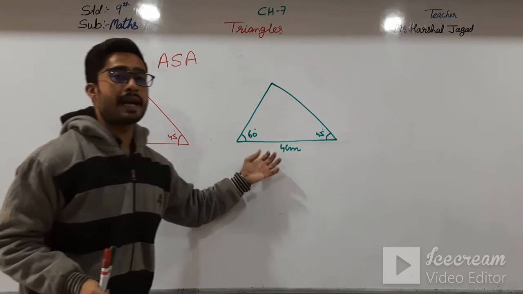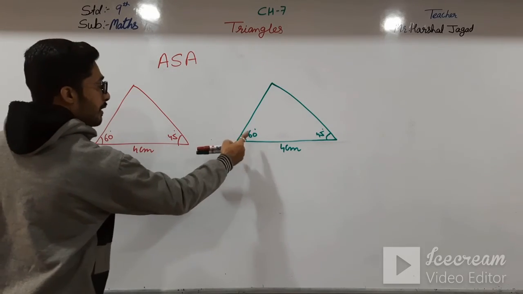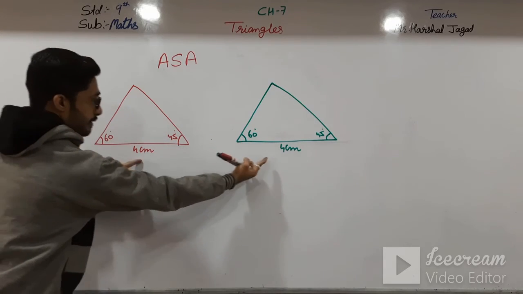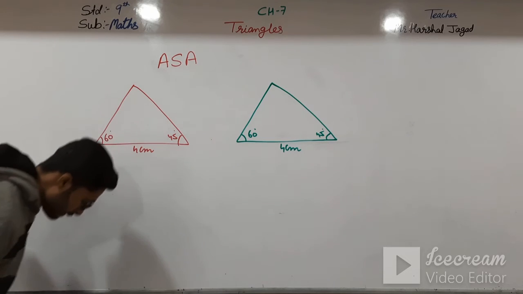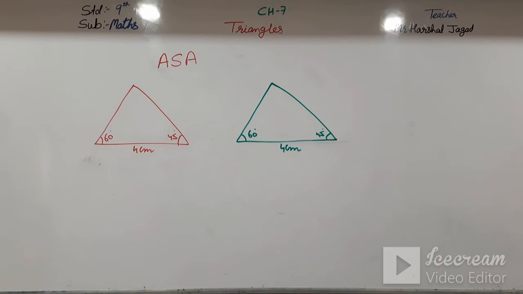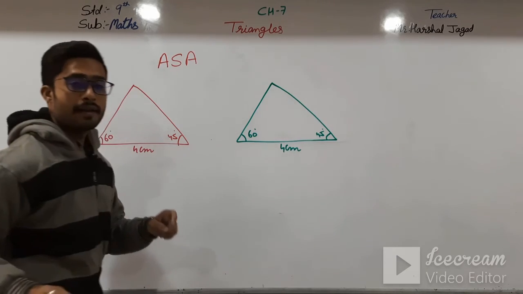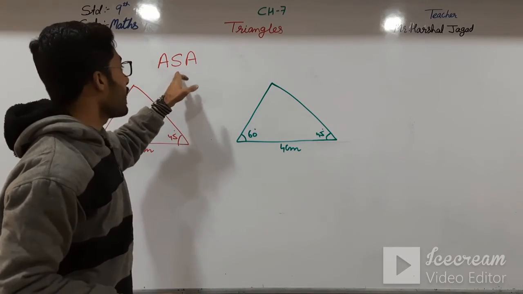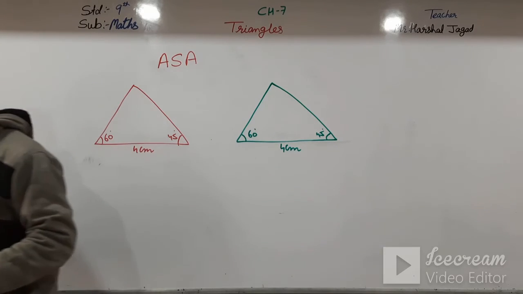Both the triangles are congruent according to angle side angle. Repeating it again, here you can see angle, this one is side and this one is angle. According to this ASA rule, both triangles are congruent to each other.